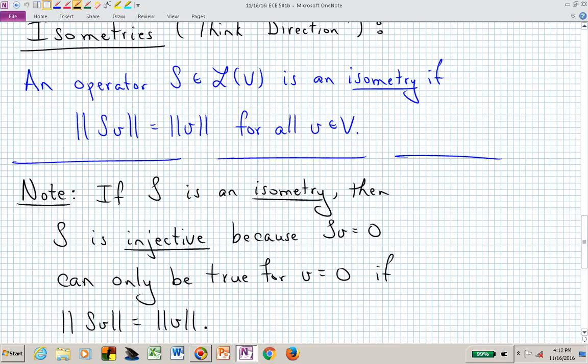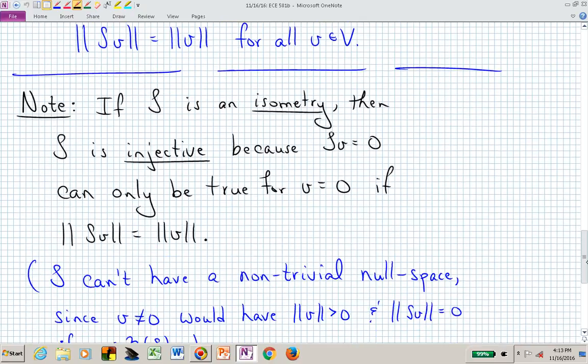But because of that, we can say that S doesn't have a non-trivial null space. It's injective. If S is an isometry, then S is injective because Sv equal to 0 can only be true when v is equal to 0. And that's the trivial null space.